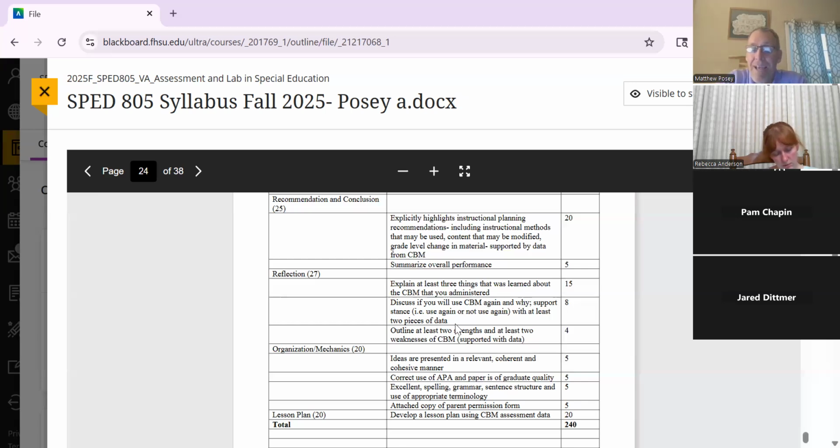The last thing we're asking you to reflect on is to outline at least two strengths and two weaknesses of using CBM probes based on your experience.